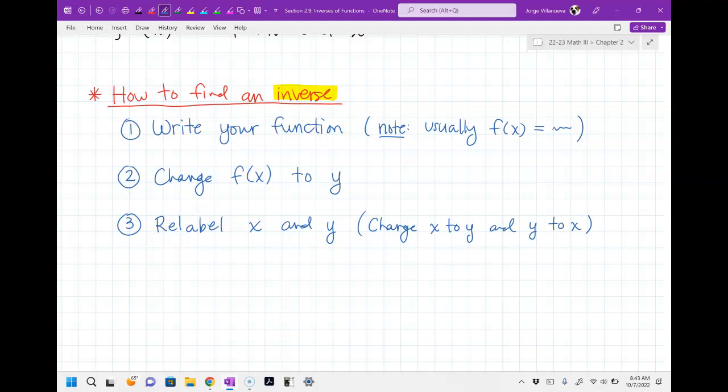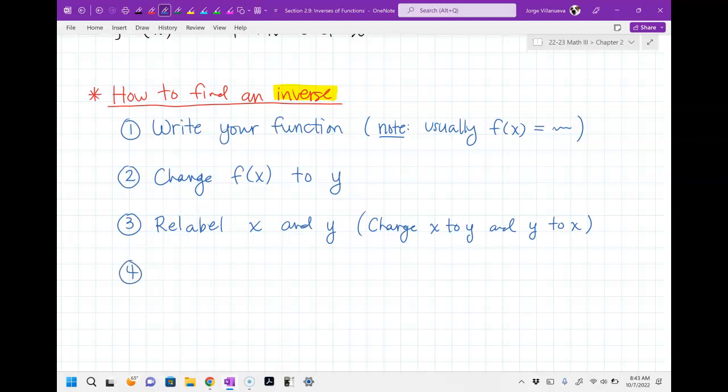You are literally going to look for your y value and change it to x, and you are literally going to get your x value and change it to y. And you'll see it once we do it. So you're going to change your x to y and your y to an x. You're going to relabel.